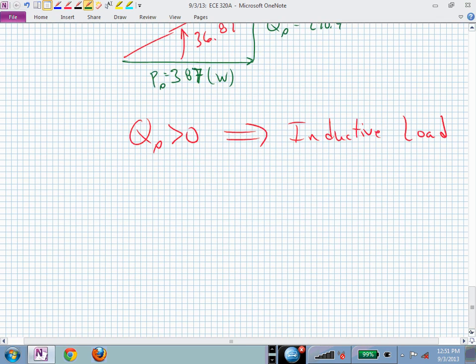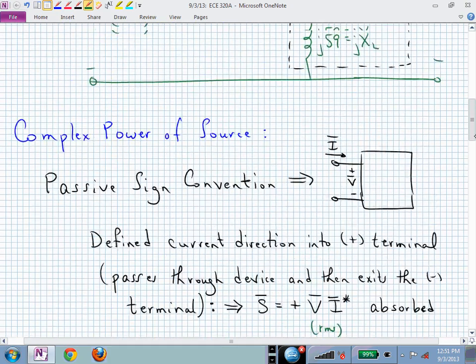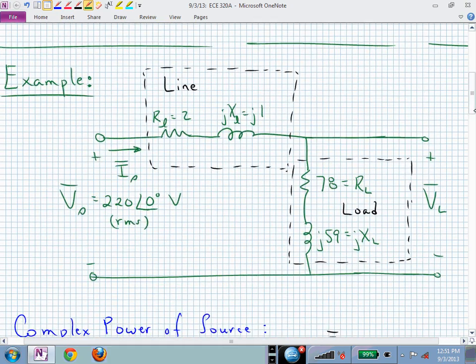What about the complex power of the load? We need to ask our same question, and now we say, okay, if I want to say the complex power absorbed by the load, what's the expression for the complex power of the load?